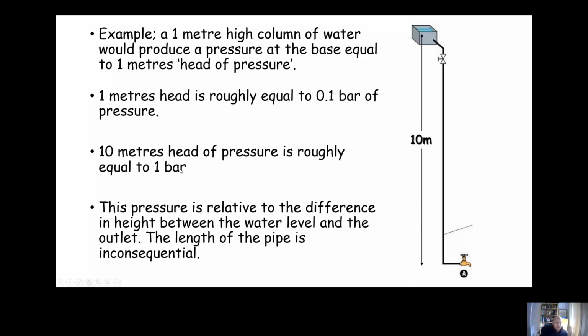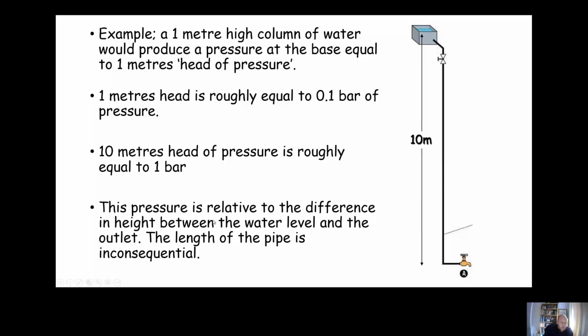Each metre's head of pressure is equal to 0.1 of a bar. We will talk about how to do a more specific calculation, because it comes up in the test, but in real terms, this is the thing that's worth knowing. 1 metre's head of pressure is equal to 0.1 bar of pressure.